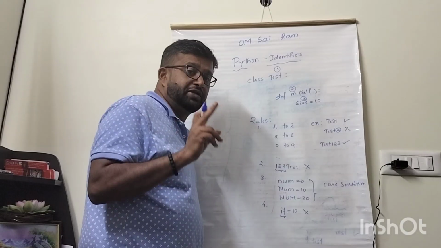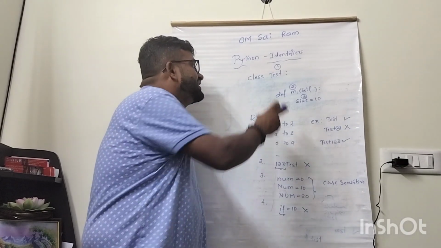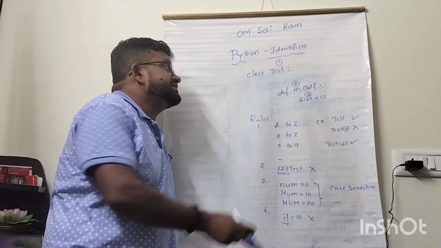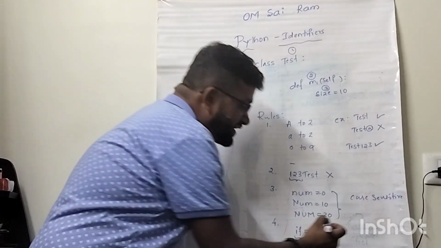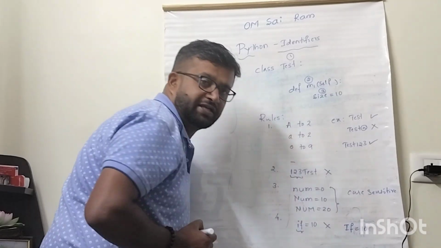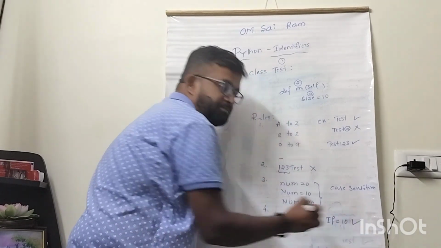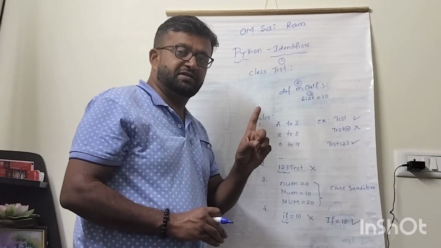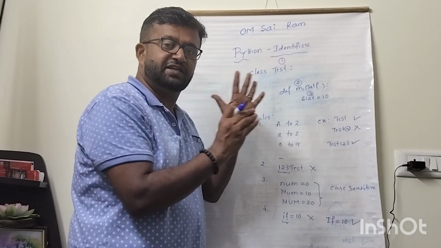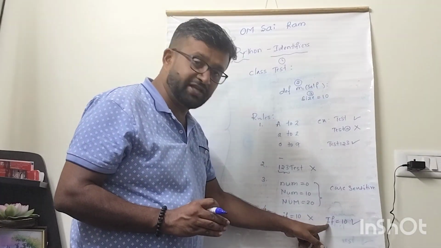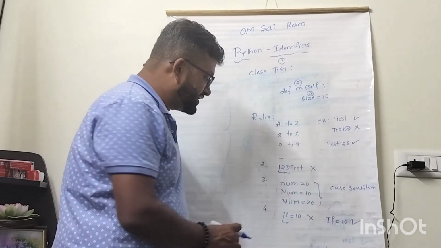So don't use any reserved words as an identifier. If I write the I uppercase and f lowercase, this is perfectly fine, because this is not a reserved word. All the keywords in Python are lowercase. So that is the fourth rule.